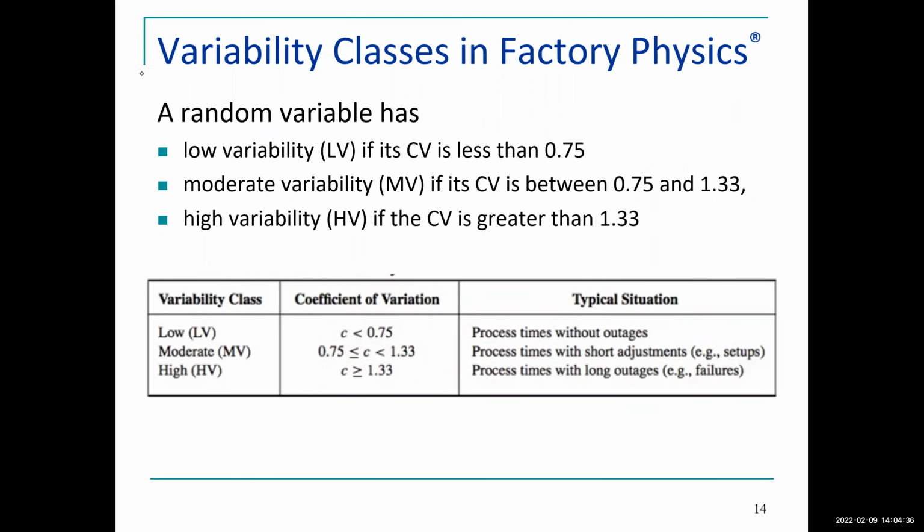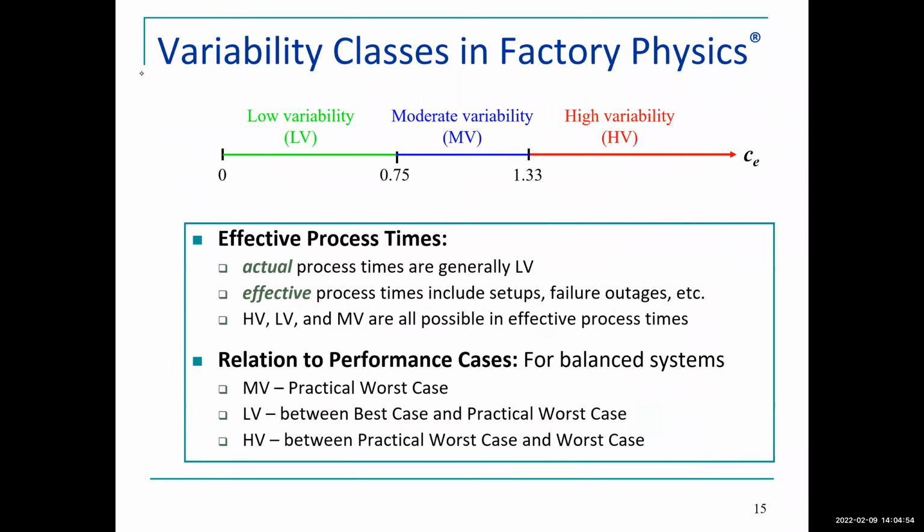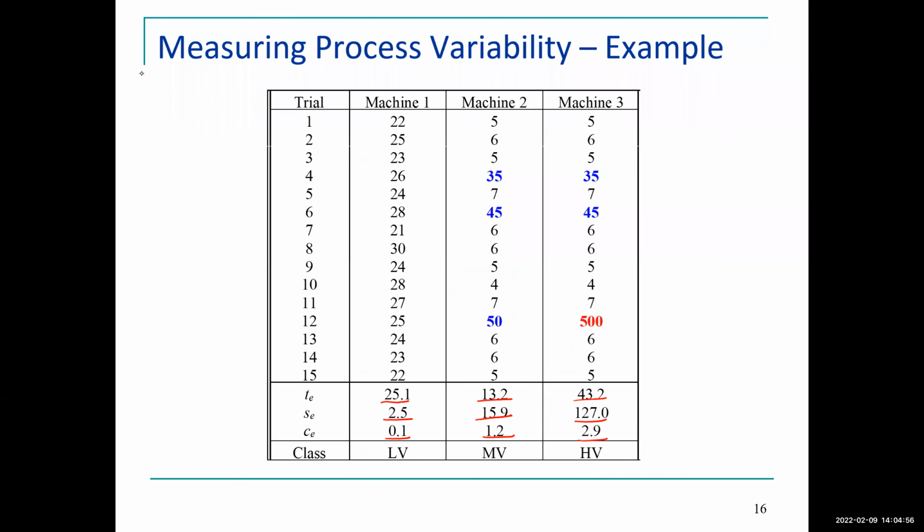We also classify the type of variability based on the coefficient of variation. So if it is less than 0.75, it was considered low variability. Between 0.75 and 1.33, the moderate variability, and then over 1.33, high variability. We discussed this example.